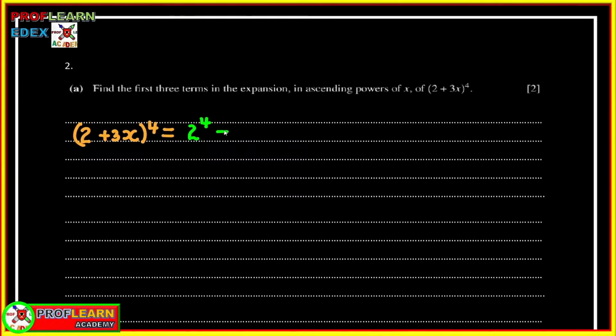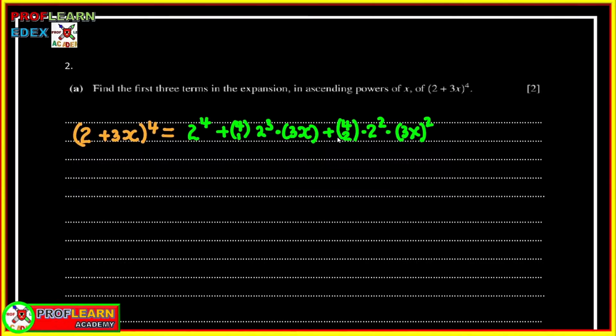And then the powers of 2 are going to decrease as the powers of 3x are going to be increasing. So we're going to have 4 combination 1, 2 raised to power 3, then 3 raised to power 1. Then we're going to say plus 4 combination 2, 2 raised to power 2, and then we have 3x raised to power 2.